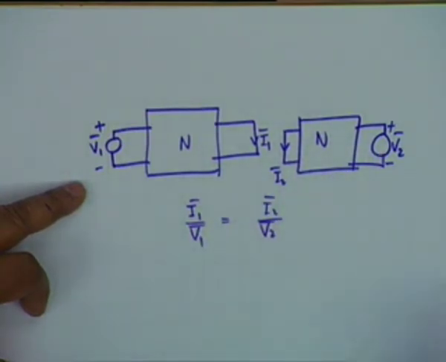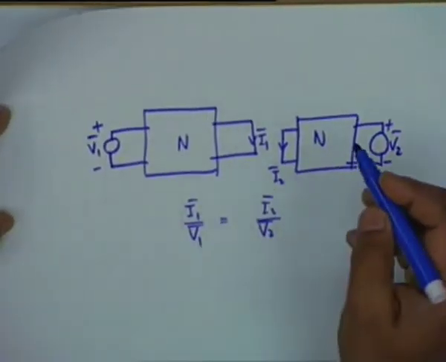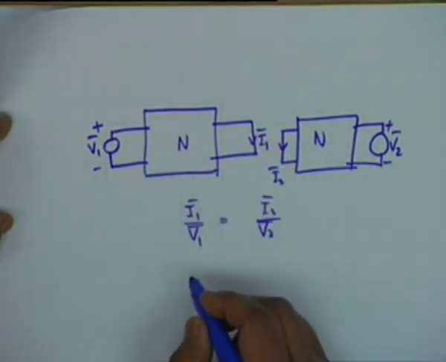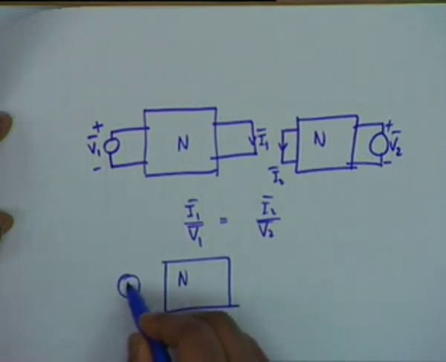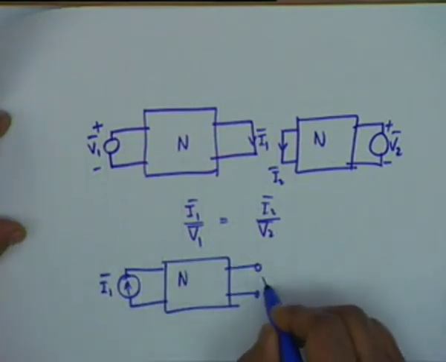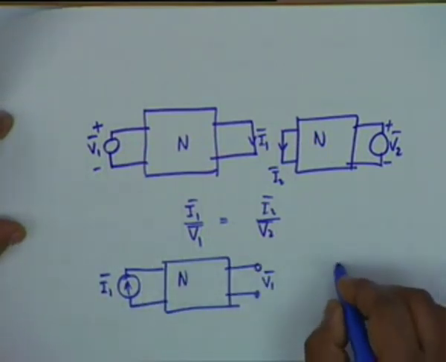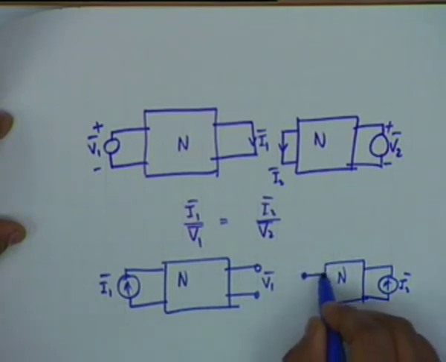Now, I am asking you a question. Look at the question carefully. Suppose, under this condition, I apply a current generator I1, and I measure the voltage V1 here. Similarly, I apply a current generator I2 here and measure the voltage response V2.